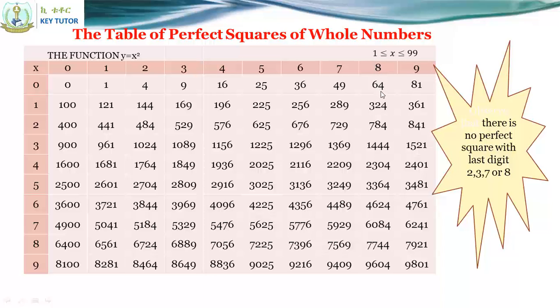This similarity is also true to the column of 3 and 7. They have a last digit 9. Their last digit is 9.